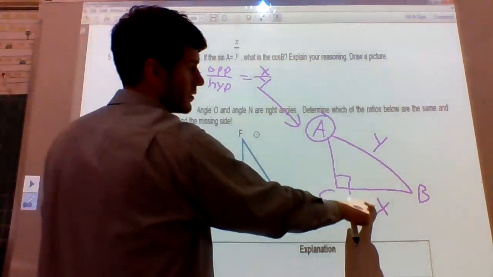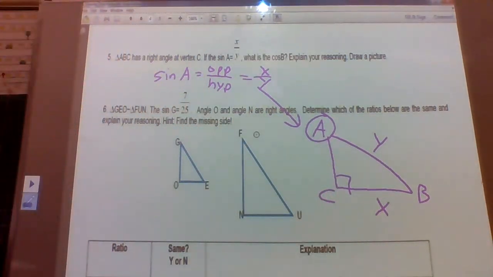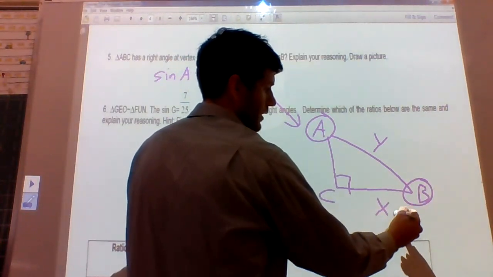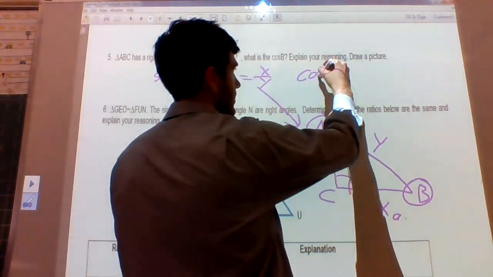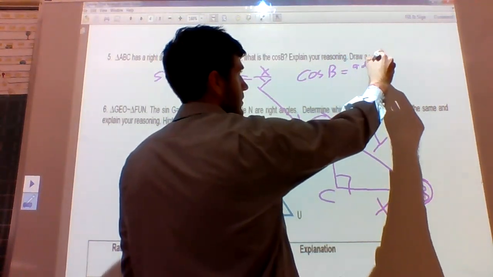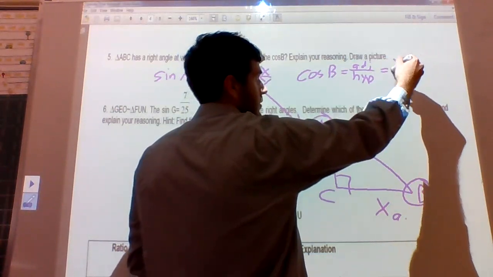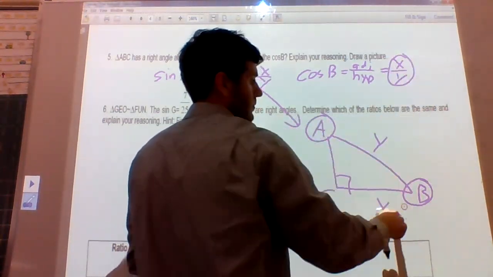So opposite is x. Hypotenuse is y. And we want to know what the cosine of B is. So here's B. Okay, so adjacent. So cosine B is going to be adjacent over hypotenuse. So that's going to be x over y.